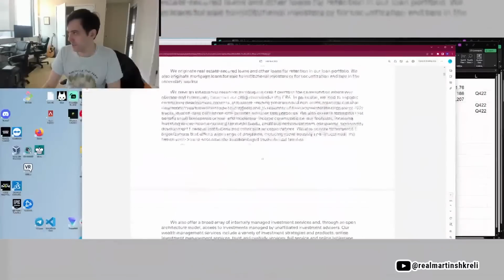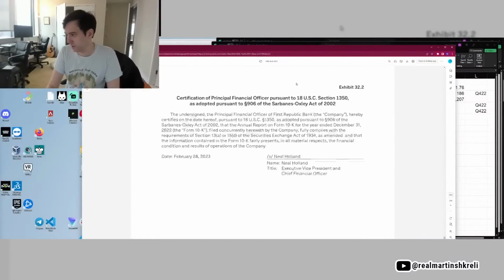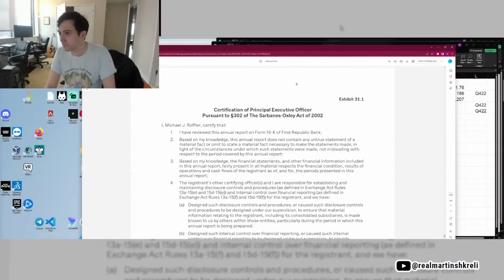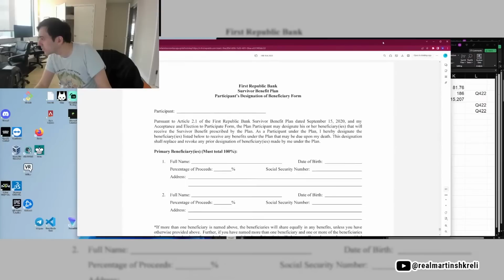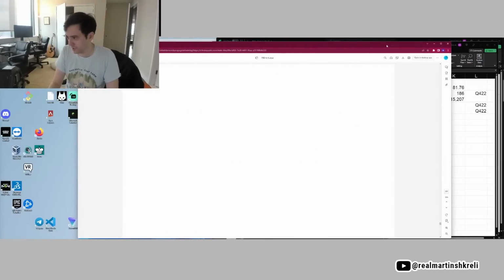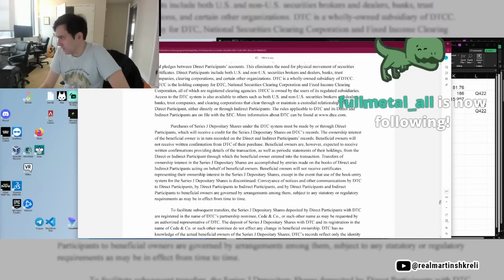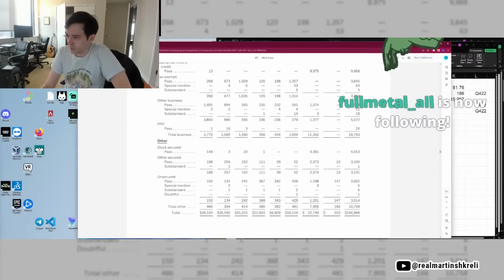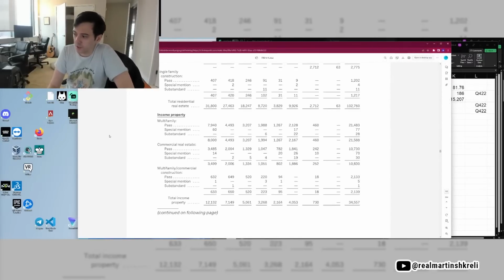So here's their SEC filing. It's a lot smaller. You can see it's only 300 pages. And a bunch of the stuff is boilerplate to begin with. So let's see if we can find the balance sheet.